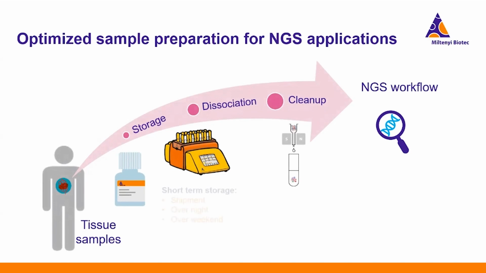So you can already here think about the right solution to do the shipment of your sample. And there are storage solutions that help to prevent negative impact on the viability or genomic landscape.